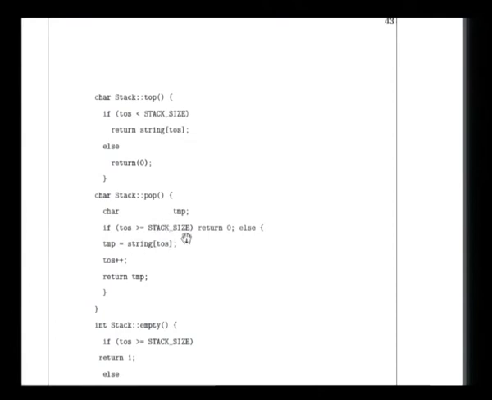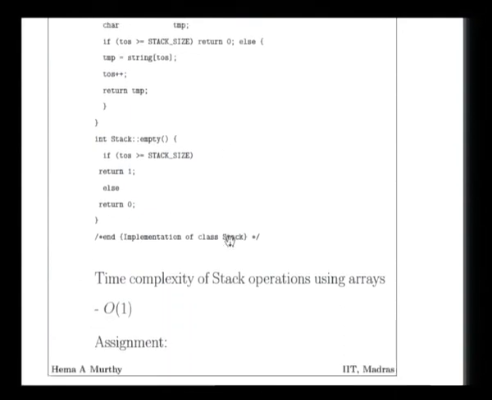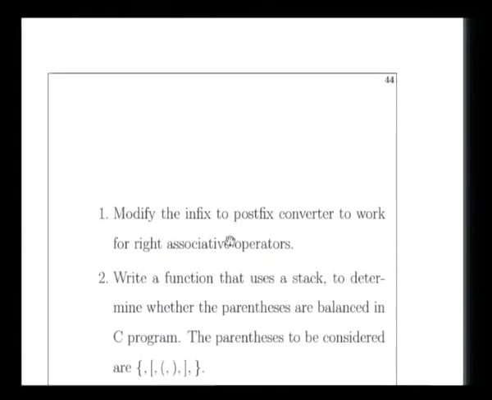That is, you're trying to pop more elements than there are. Otherwise, if there is an element on the stack, it pops this. Then if top of stack is greater than or equal to stack size, then you say that the stack is empty. So the time complexity of all the operations that are performed on stacks using arrays is order 1.